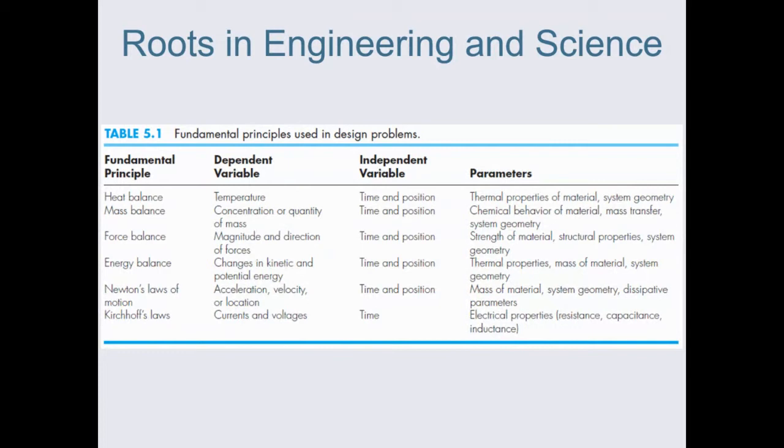Some examples of root solving problems that we have in engineering. Given a heat balance, let's say you want to find temperature. An independent variable could be time and position, and parameters could be the thermal properties of the material and the system geometry.